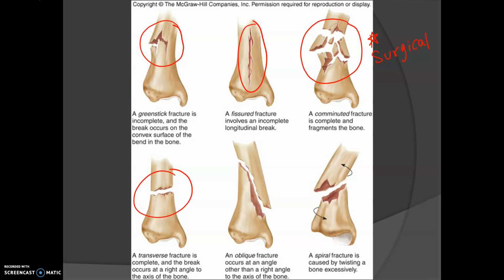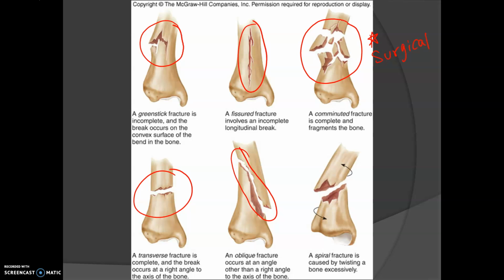An oblique fracture is a break that occurs at an angle here. So we can see that angle coming across that axis here. Again, most of the time when we see a full break of the bone like this, that it's completely off, we're going to see a possible need for surgery depending on the severity again.